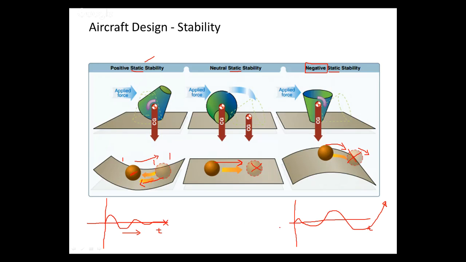The only one I can really think of is if you push forward on the control yoke to actuate the elevators, therefore pushing the nose down, and maybe your aircraft is nose heavy, maybe your center of gravity is too far forward, it may continue to nose over and enter a nosedive. That would probably be the only example I could think of where you might see negative stability in the aircraft. Most aircraft are designed with positive and neutral.